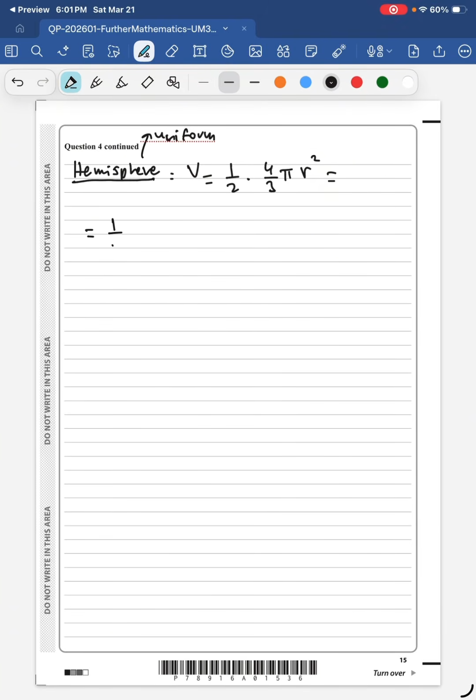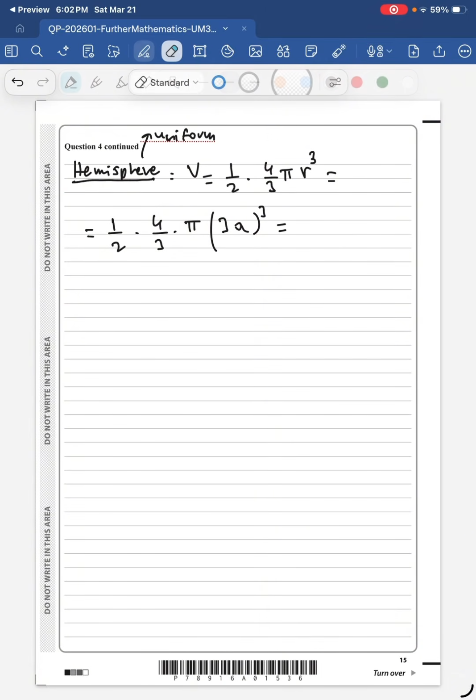So 1/2 times 4/3 times pi times 3a cubed. By the way, that's cubed. I don't know why I wrote 2. Okay, mistakes happen. So this is equal to 18 pi a cubed.